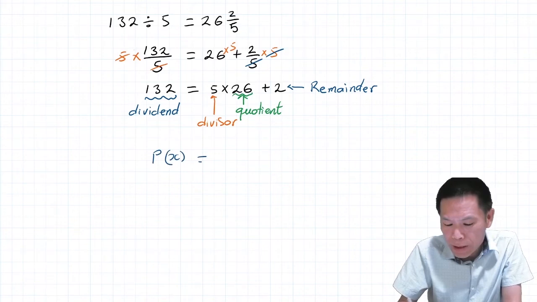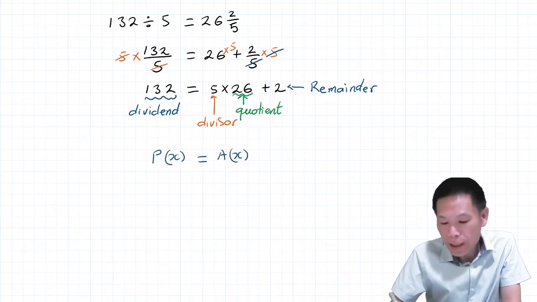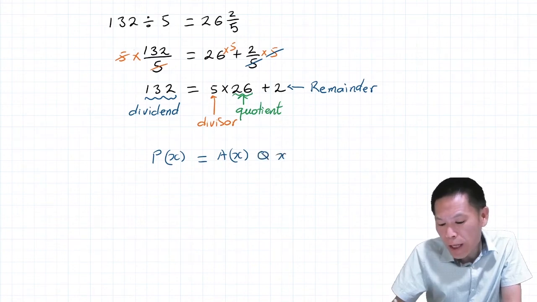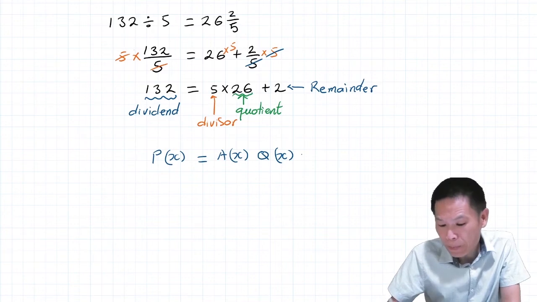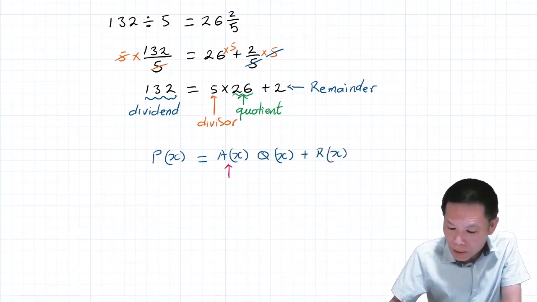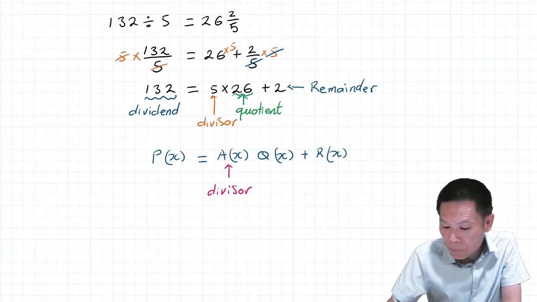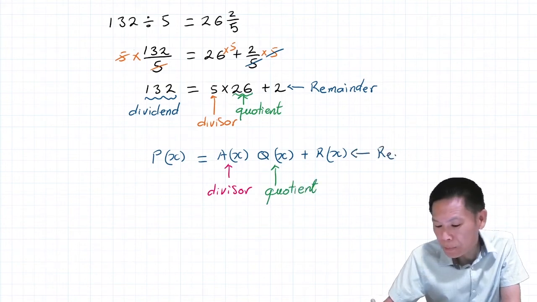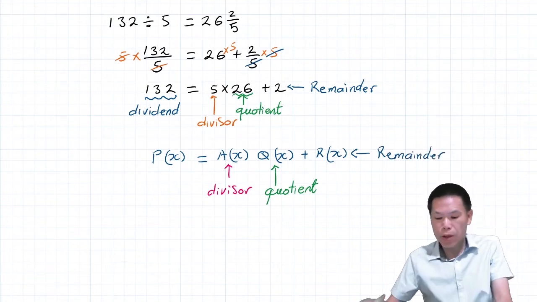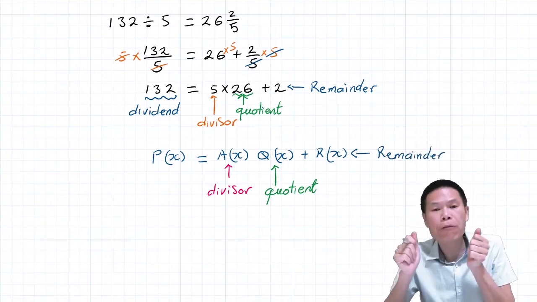Px is equal to Ax, that is the divisor, times Qx, that is the quotient, plus the remainder, that is Rx. So please keep that in mind for me, okay?